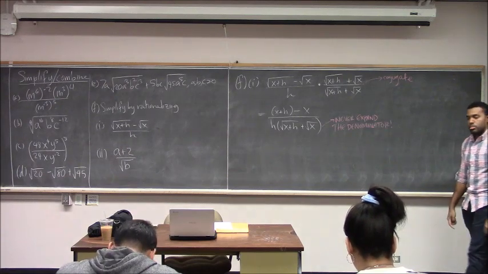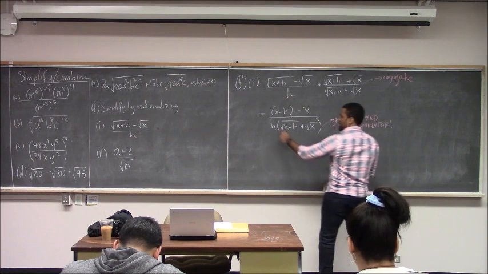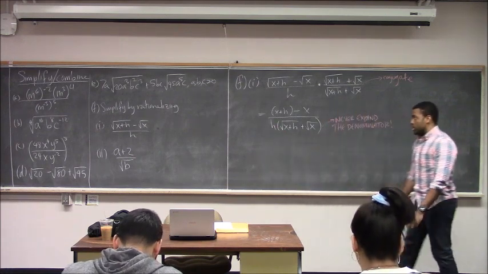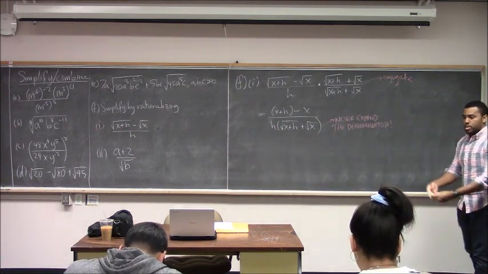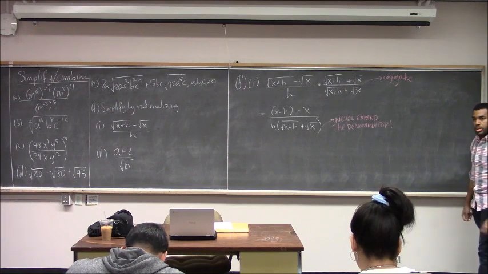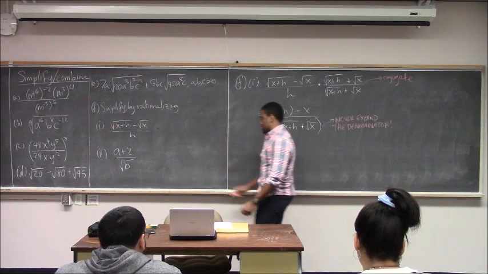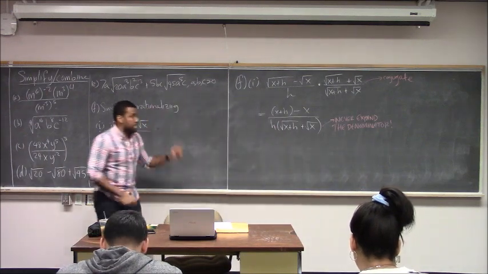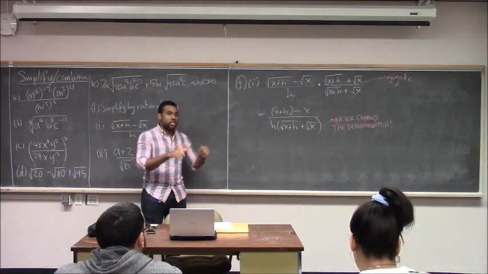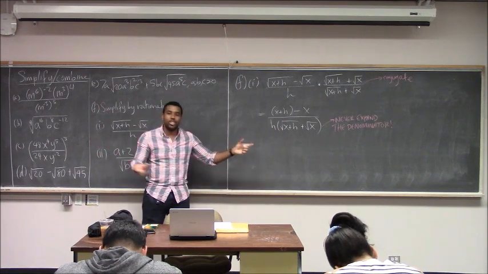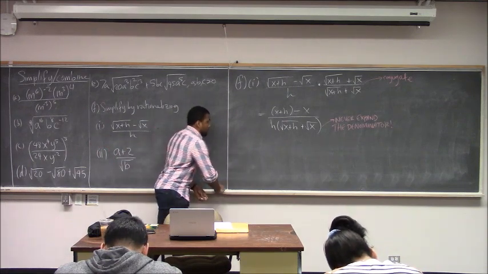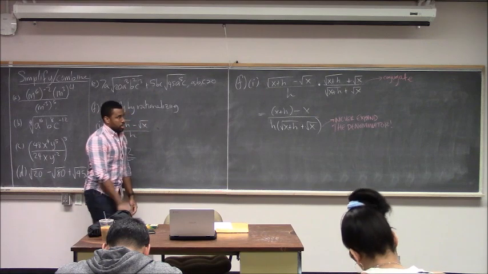You can only cancel across multiplication. Therefore you need things to be in multiplication mode, right? Once you expand, you now put addition in between every term, and you can't cancel in that situation. So you always keep the denominator factored. Now you might for a time expand the numerator, but the goal there would be to expand things so you can kill things and then refactor it. Okay? But you never expand the denominator.